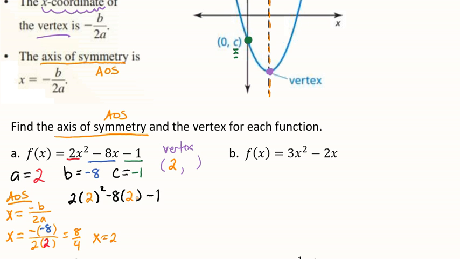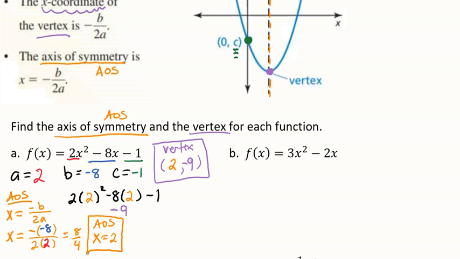And then we're going to use our calculator to calculate that value. When we plug that into our calculator, we're going to get a value of negative 9. And so we see that we have a vertex of 2, negative 9. So here we've found our vertex, and here we have our axis of symmetry.